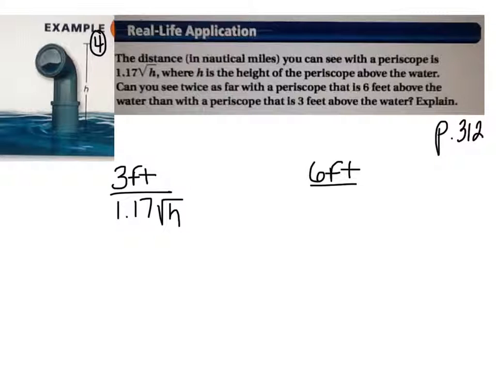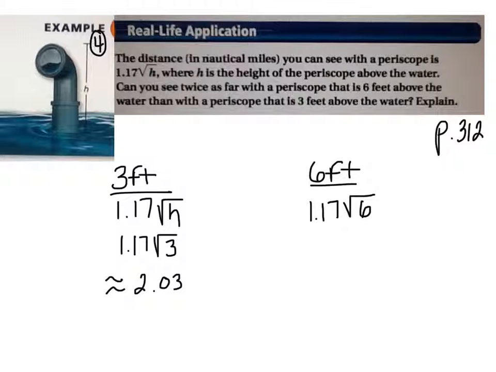Well, the height is the distance above the water, so the first one is going to be the square root of 3. If I take the square root of 3 times 1.17, that gives me approximately 2.03. If you're 6 feet above the water, that's 1.17 times the square root of 6, and that gives me approximately 2.87.